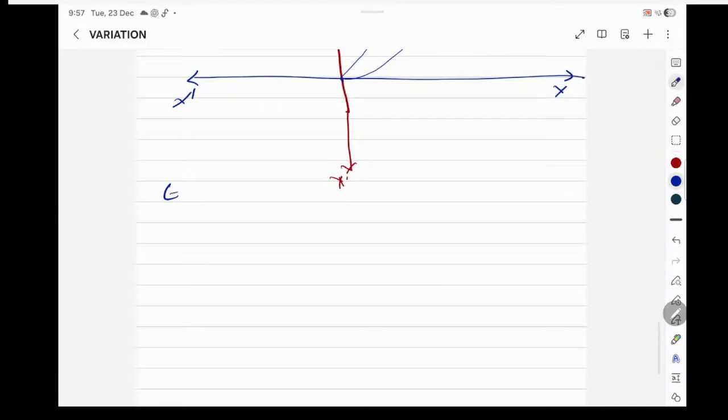So in the first example I discuss direct proportionality.